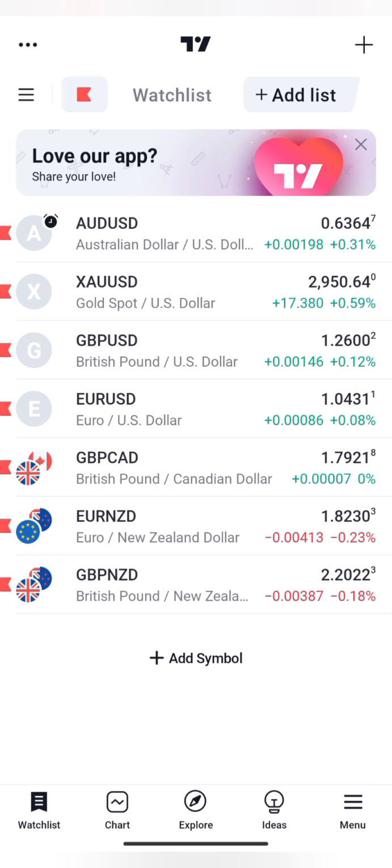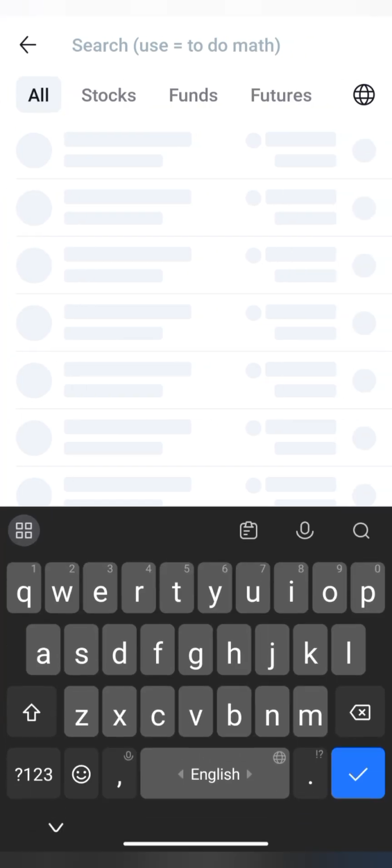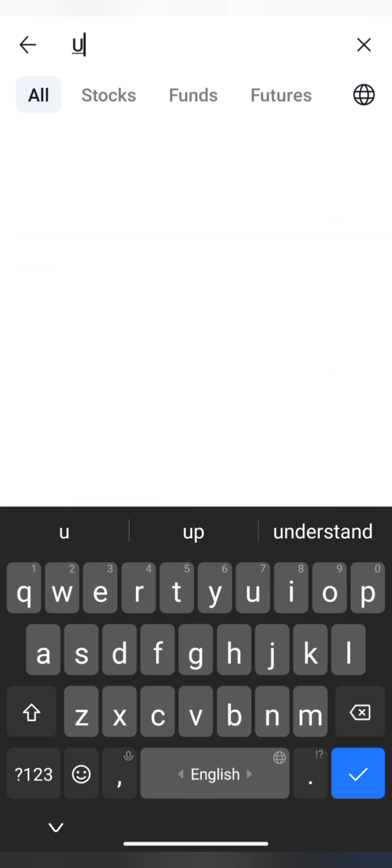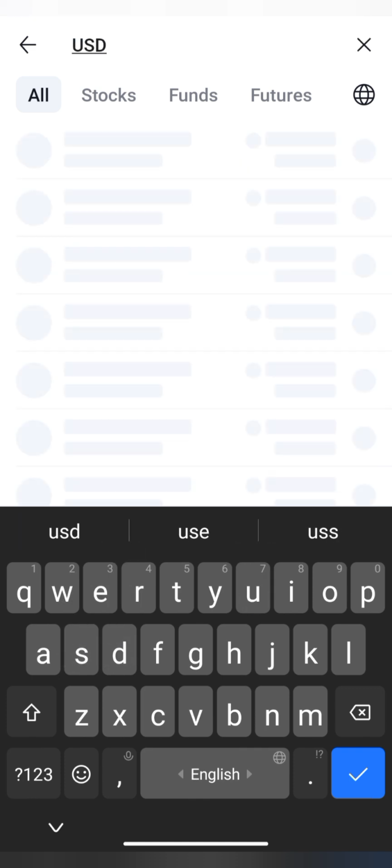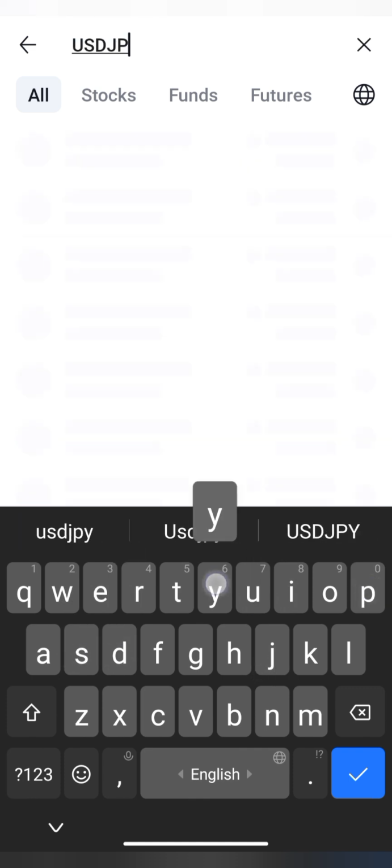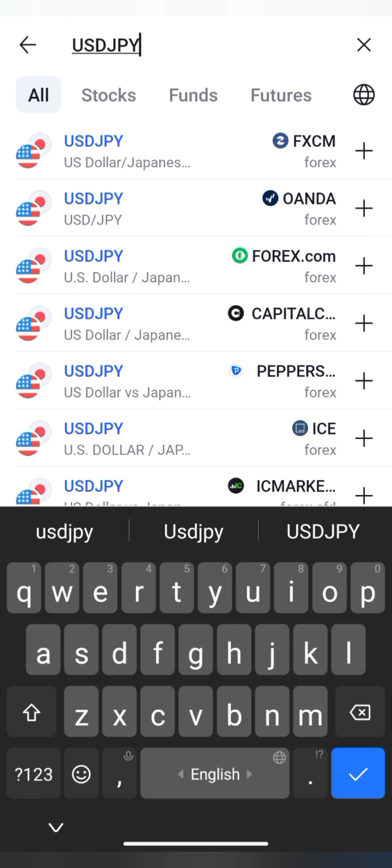But let's say you want to add something of a Japanese yen. So USD JPY, similar to how it is with the MetaTrader video, how you add and you remove. So basically, let's say any of these is okay, but I like to use Oanda. Let's say I add it.